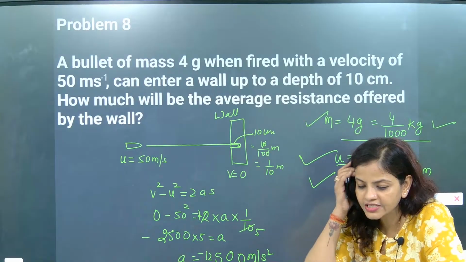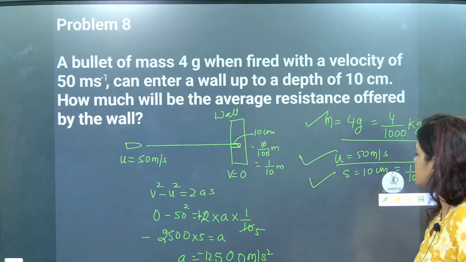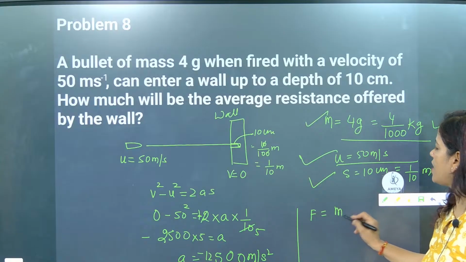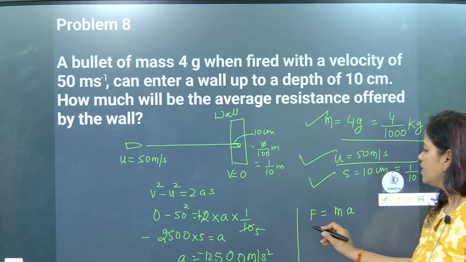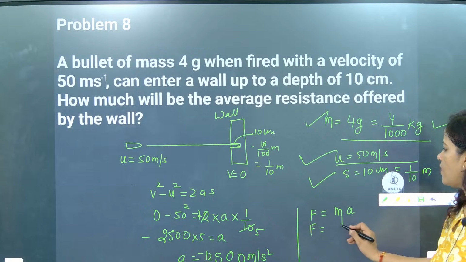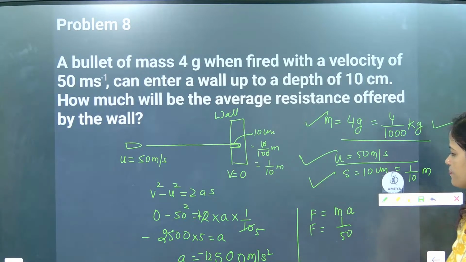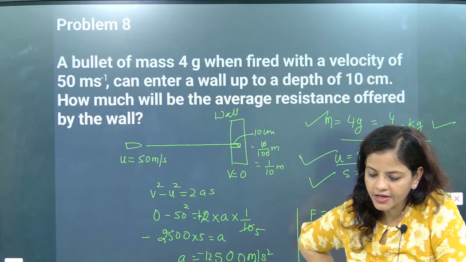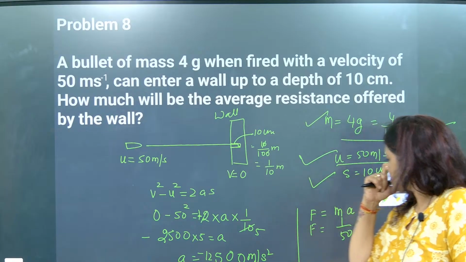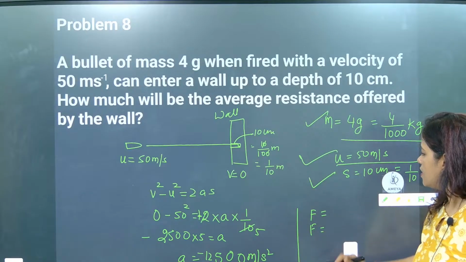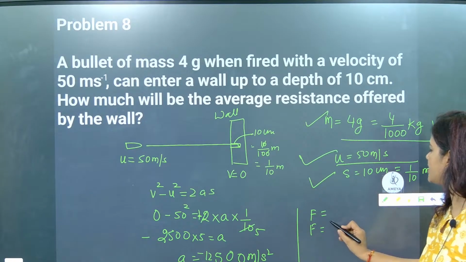But they are asking for the force needed. So what is the force needed, beta? Finally, force is equal to mass into acceleration. What is the mass given to you? 4 by 1000.